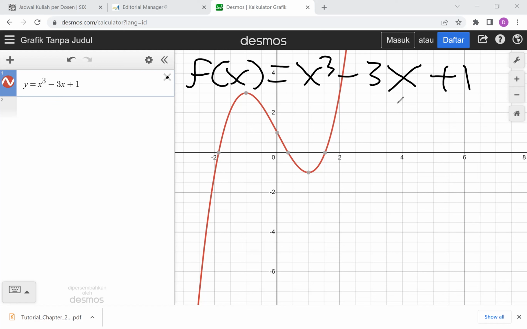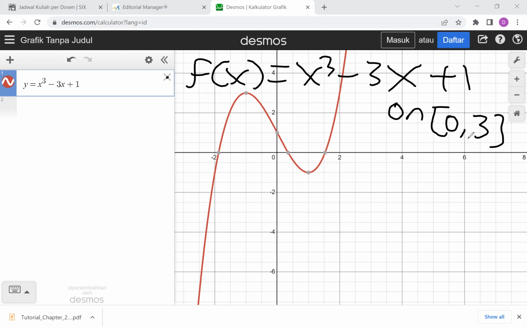And then on an interval, just for the exercise, let's say the interval is [0, 3].